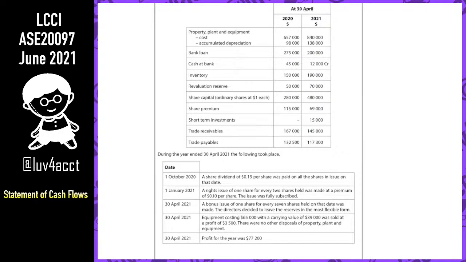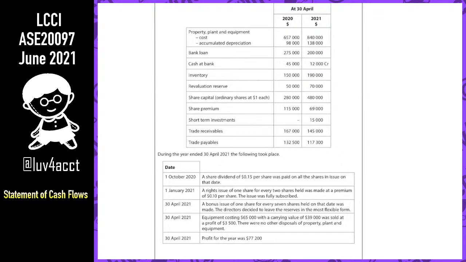During the year, the following took place. Here we do not just work on the first part, the reconciliation. We will deal with it as a whole and then see what figures go into which part, because the first part would be your operating activities and then investing and financing. So we'll do this together at the same time.